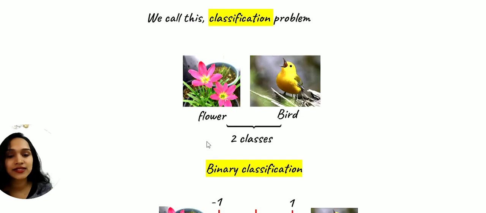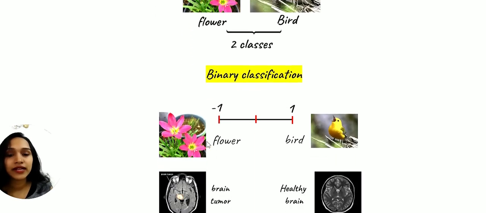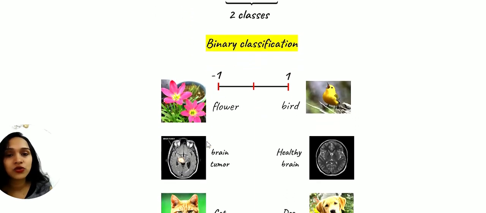We just have two classes. So in a binary classification problem, we will have two classes and it will be like whether that is -1 or that is +1. If it is -1, then it corresponds to a flower, or if it is +1, it corresponds to a bird. So this -1 is a class and this +1 is a class.